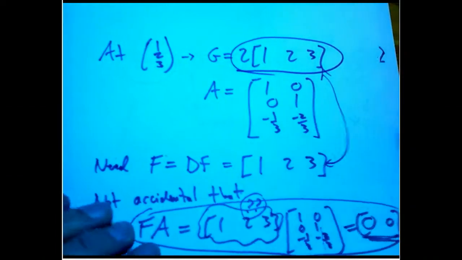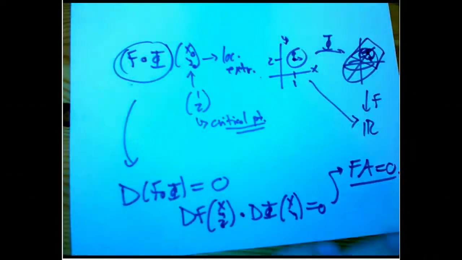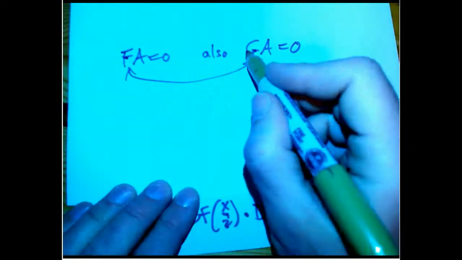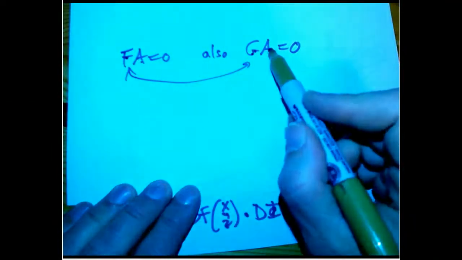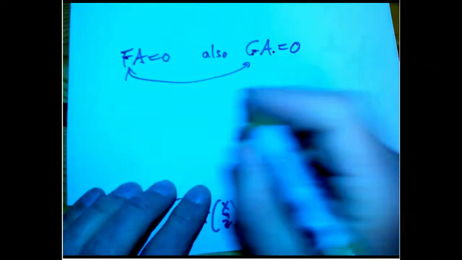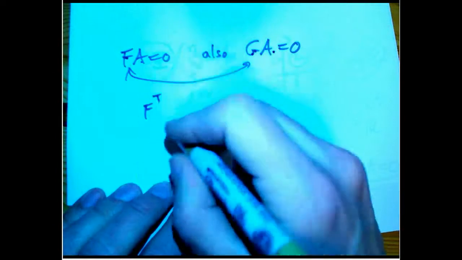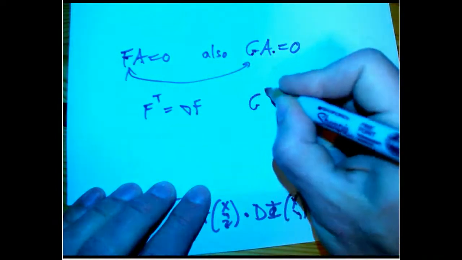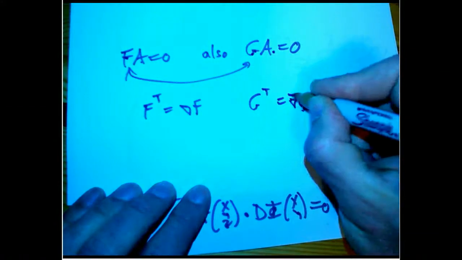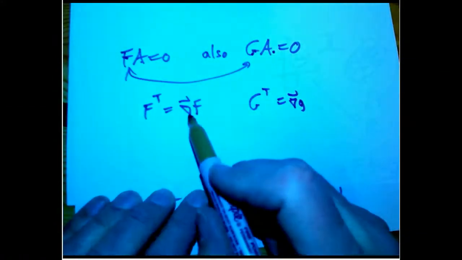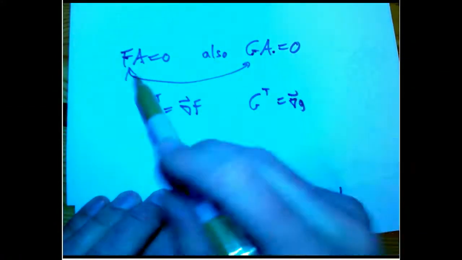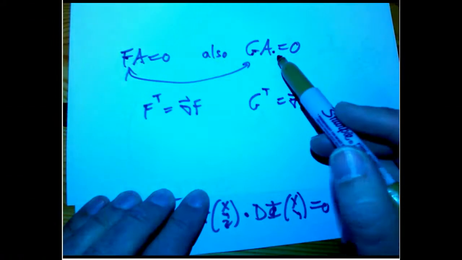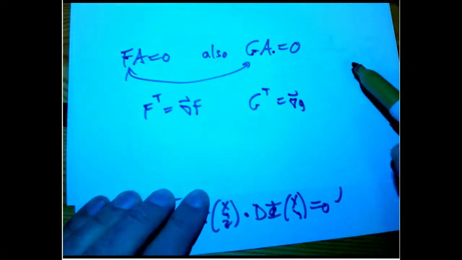So I've got these two matrices, these two 1 by 3 matrices, f and g, that both kill a. In other words, when I think of the transpose, another way to think about it is F transpose, that's the gradient of F, and G transpose is the gradient of G. These guys are both perpendicular to both columns of A. That means that they have to be scalar multiples of each other.